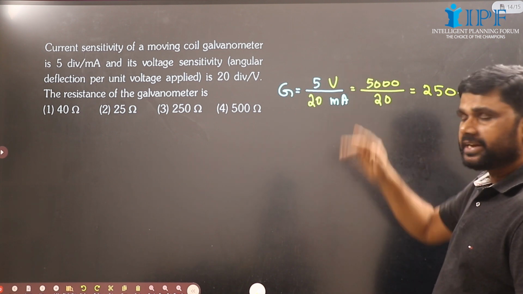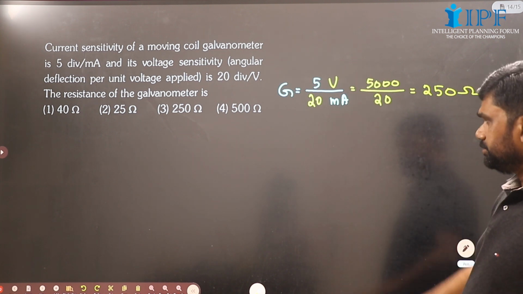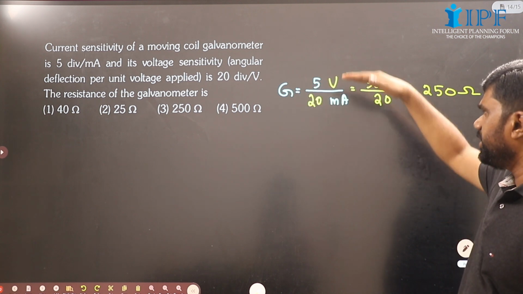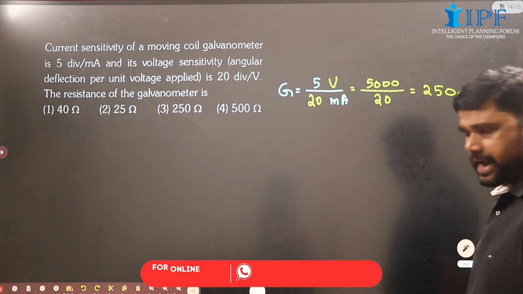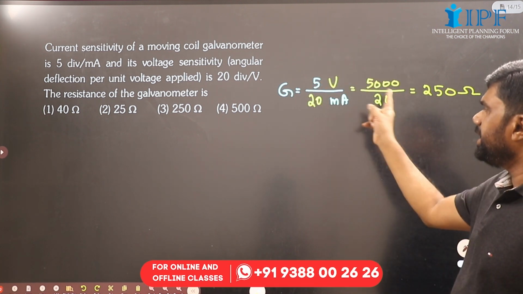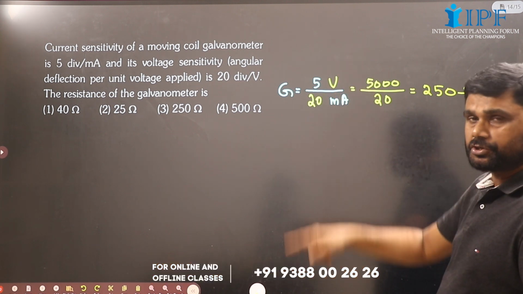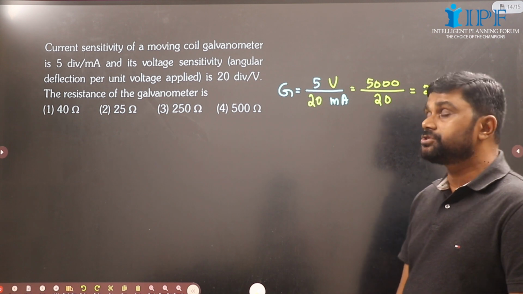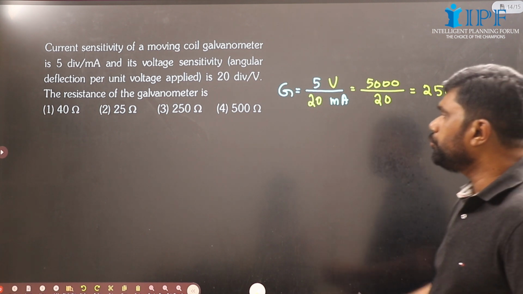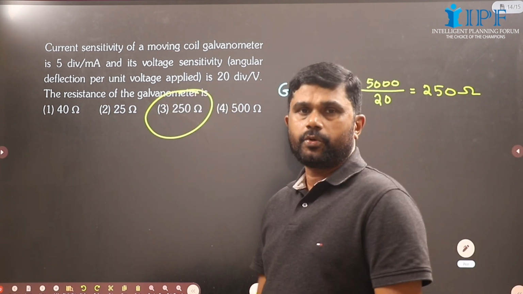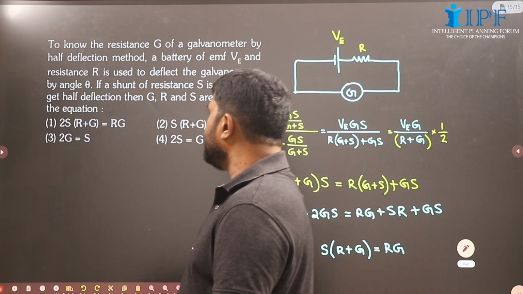Division will get cancelled. So galvanometer resistance will be 5 volt divided by 20 milliampere. This milliampere means 20 into 10 raised to minus 3. When this 10 raised to minus 3 is taken to the numerator, it will be 5000 over 20. That will be equal to 250 ohm. This one.